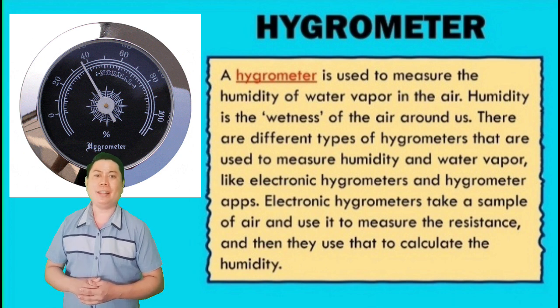There are different types of hygrometers that are used to measure humidity and water vapor, like electronic hygrometers and hygrometer apps. Electronic hygrometers take a sample of air and use it to measure the resistance. And then they use that to calculate the humidity.